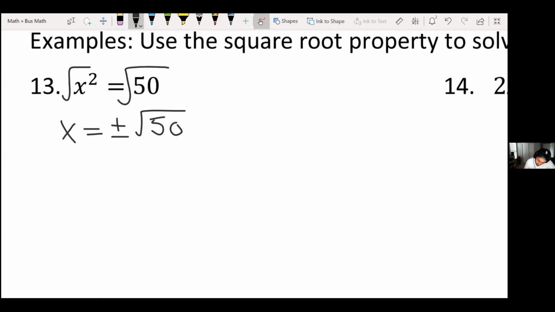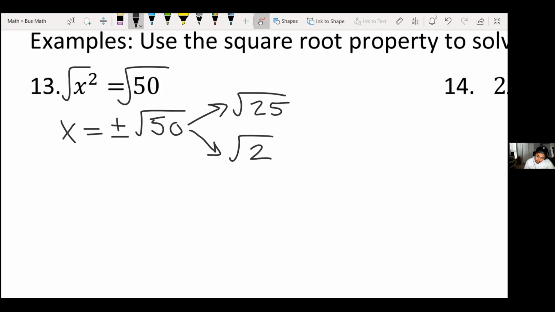So, with that being said, you need to know what factors go into 50. The way I like to break this down is, you can start with 2 or you can start with something bigger. I think you can do 5 and 10, but I always go for the bigger number, and most of the time it works: 2 and 25. So I'll split this into the square root of 25 and the square root of 2.